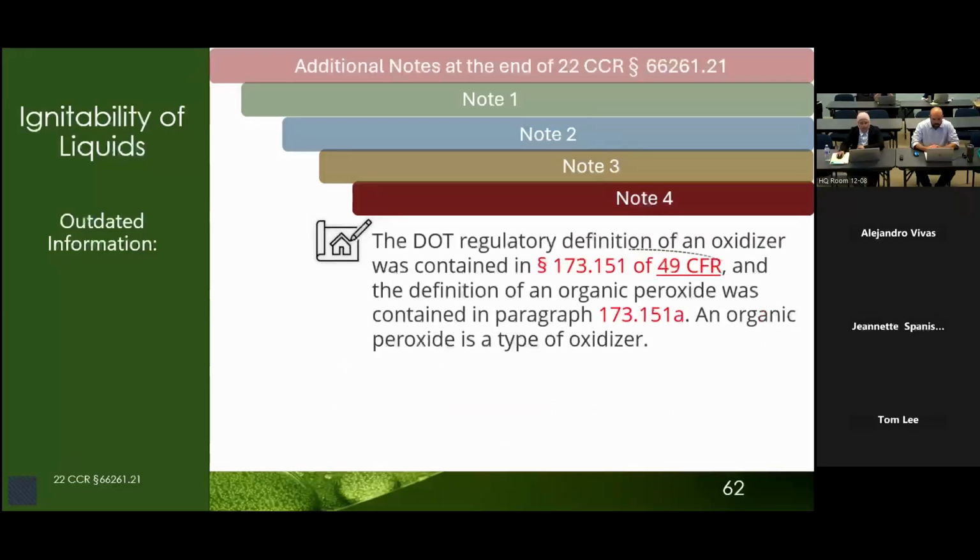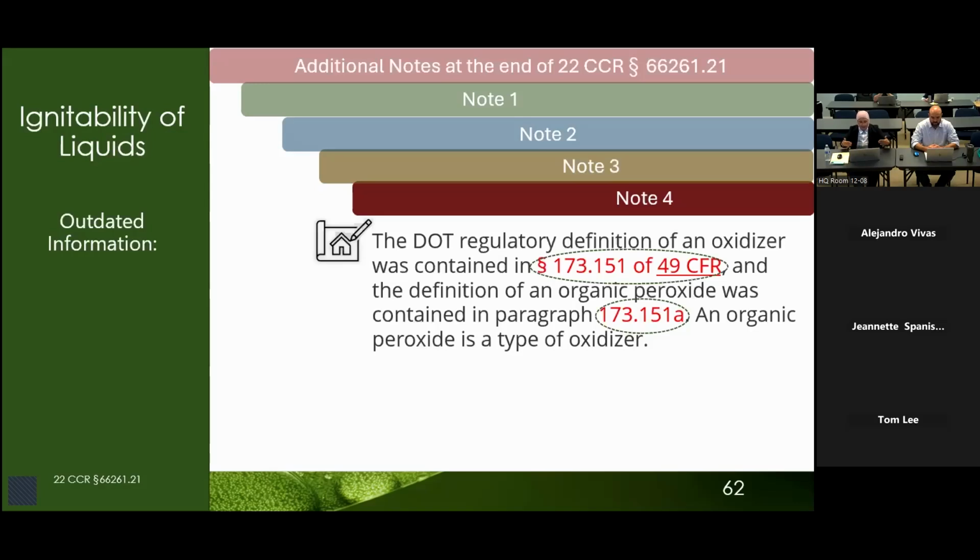Finally, Note 4 details the definition of an oxidizer and organic peroxide by stating specific regulatory references. This may be confusing because it references a USDOT regulation as if it existed in the 1980s rather than its current form. The existing USDOT regulatory references no longer contain any definition for oxidizers and peroxides.